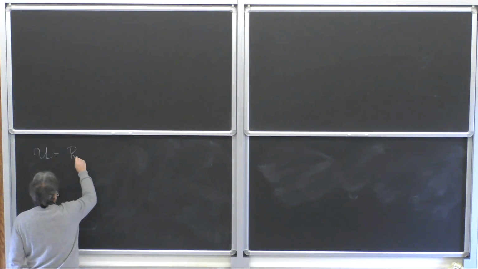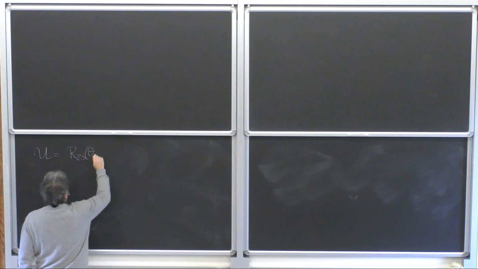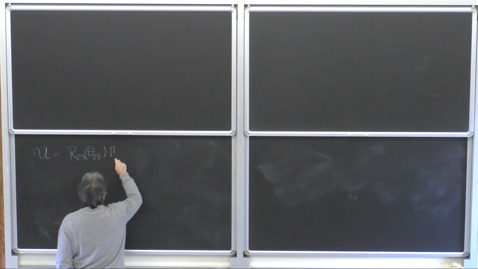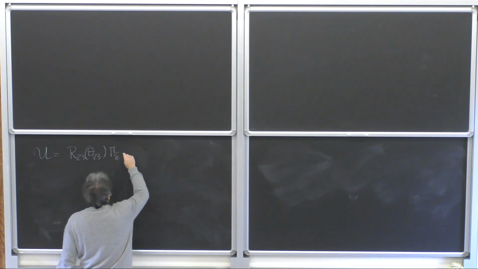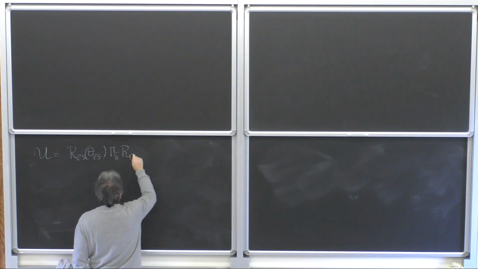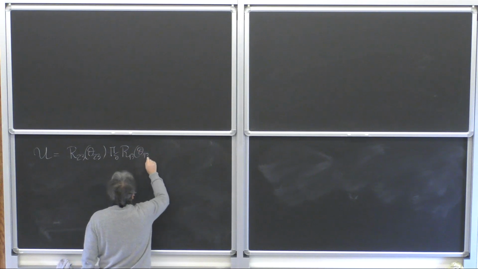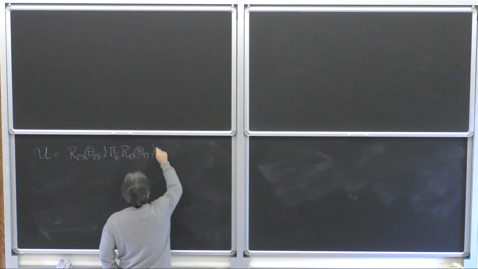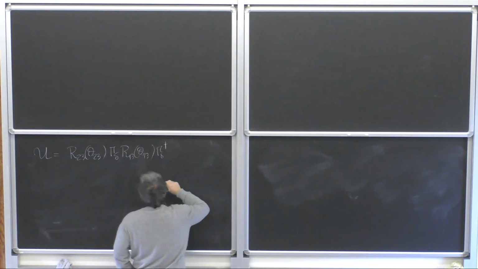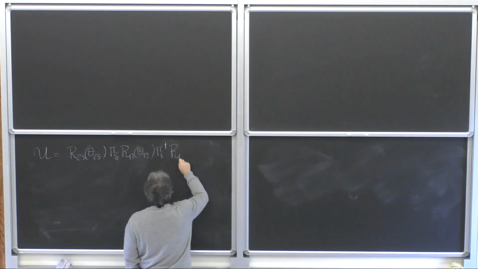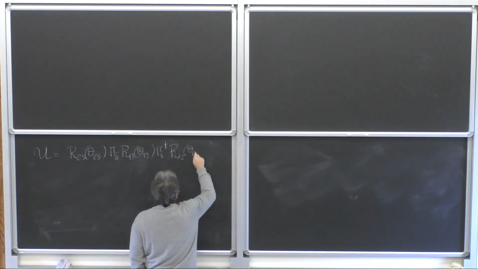We saw that U is the R23 rotation times gamma delta, R13 theta 13, gamma delta dagger and R12 theta 12.